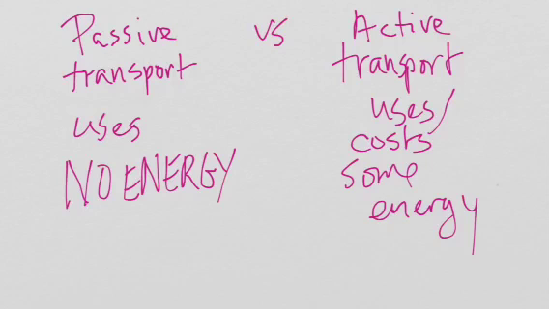And the interesting thing is that passive transport costs no energy for the human body to use. It uses natural gradients to actually get molecules to move from one place to another. Whereas active transport will cost a small amount of energy to actually move something from one place to another.